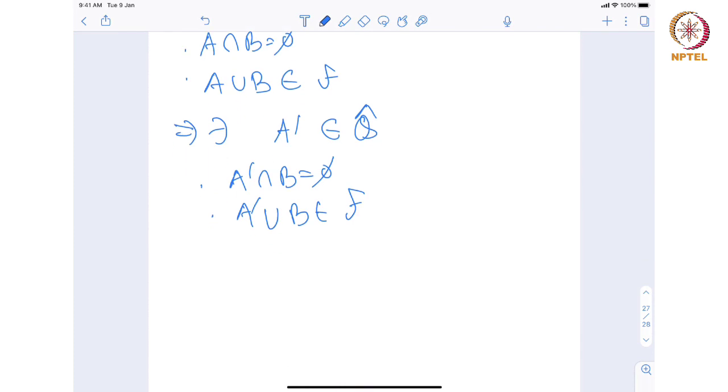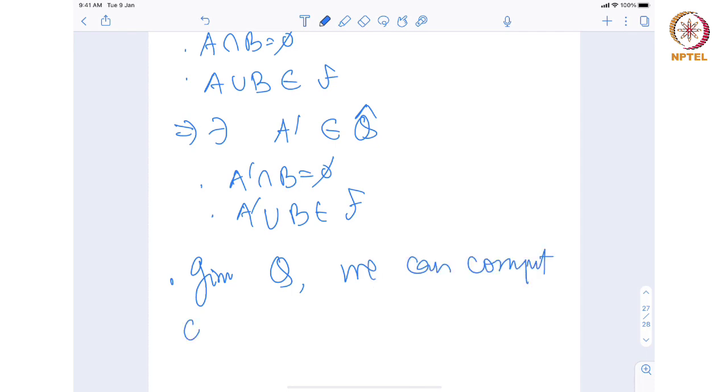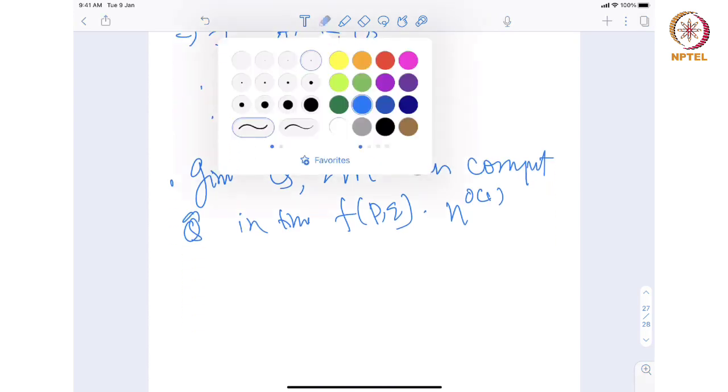What is known is that given Q and an integer q, we can compute Q hat. Let me tell you the running time; it is quite efficient.